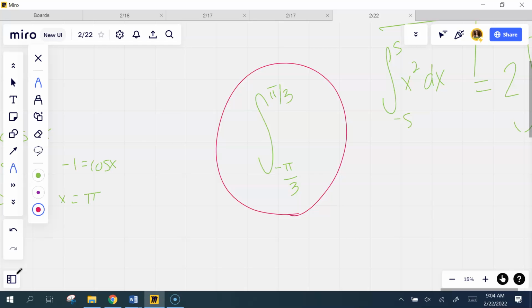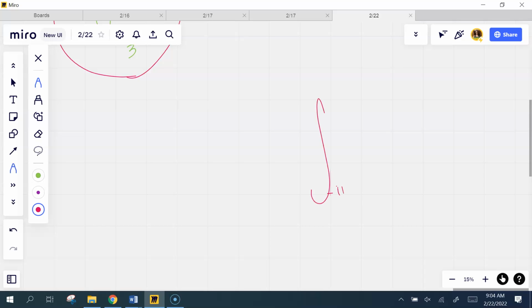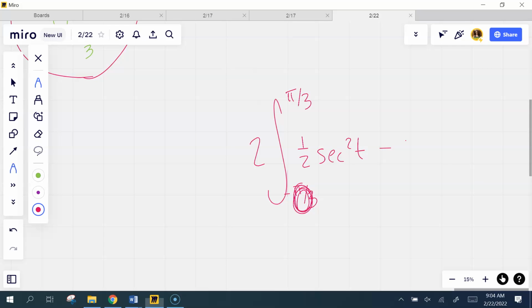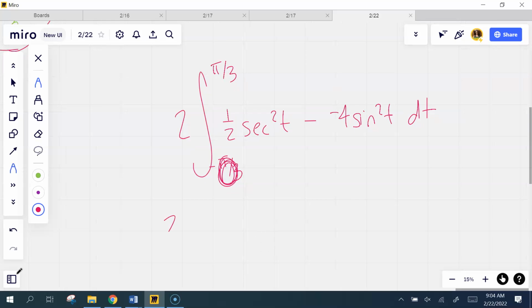I did that, and then I got secant squared plus 8 sine squared. Okay, so you did from 0 to pi over 3 and you doubled it? The top one is 1/2 secant squared t. The bottom is -4 sine squared t. I would split this into 2, from 0 to pi over 3.